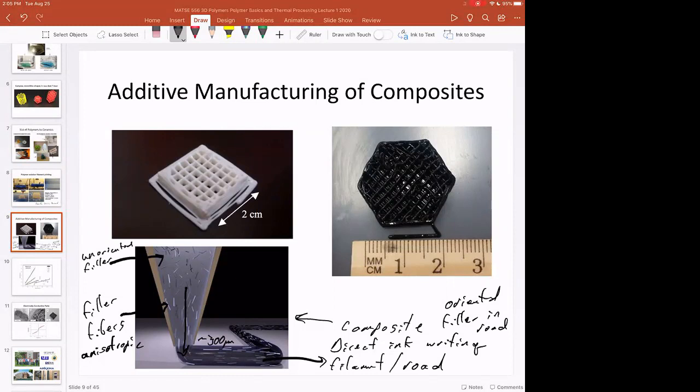We'll talk about why things are oriented. But if you're uncertain as to what the vocabulary is, it's going to be hard to follow the discussion. I know not everyone here has had all the material science or all the polymer science courses. So it's fine to ask questions or ask questions in the discussion group on Canvas. And if it's going too fast and if it's too much jargon, just stop me and back me up. That's no problem.